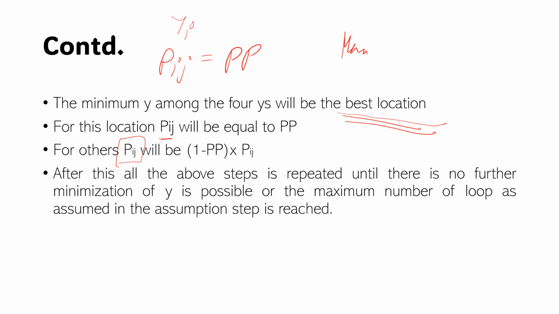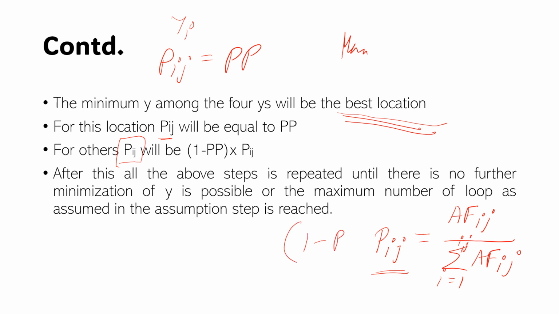I have already showed you how you can calculate the Pij: the alternative fitness at that i divided by the summation of all the alternative fitness of all the population will be the probability, Pij. So this will be multiplied with 1 minus predefined probability and used as the probability of other locations.